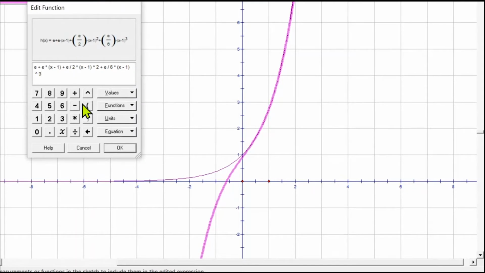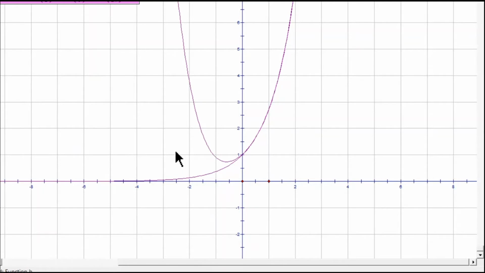Maybe one more term. Plus e over 4 factorial, 24, times x minus 1 to the 4th power. See, it's getting pretty good already from about here to there.